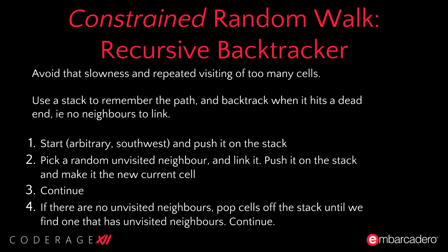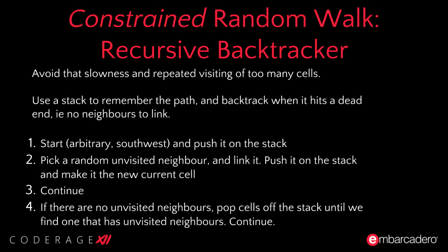Well, that algorithm produced good mazes, but it did so very inefficiently. So let's look at one final algorithm, which is another type of random walk, but it is a constrained random walk algorithm. This one's called the recursive backtracker. And it avoids that slowness and the repeated visiting of too many cells.